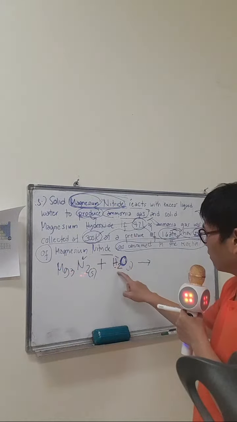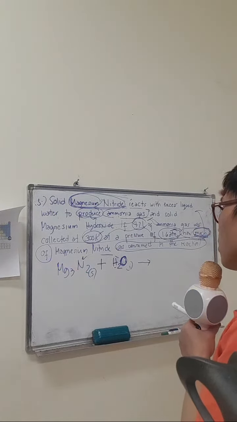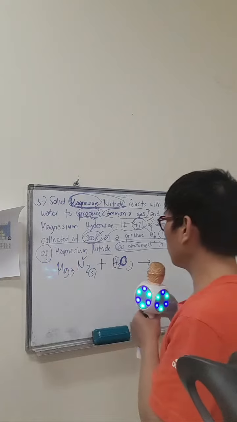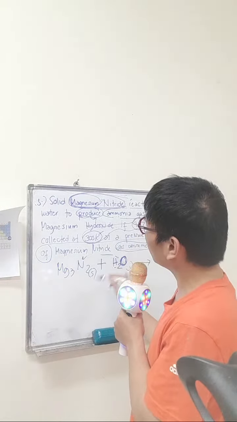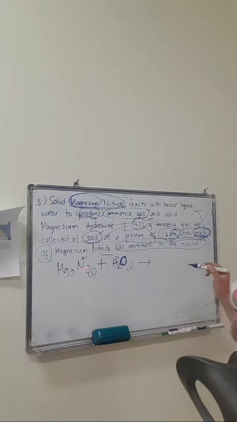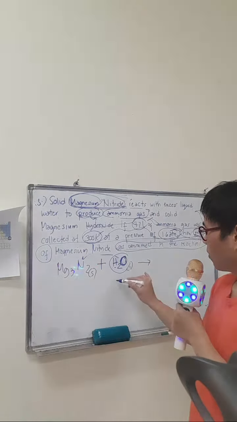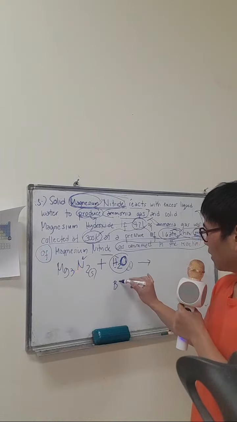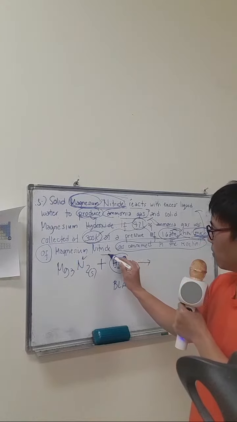So use the Bronsted-Lowry acid, which will donate a proton. Meaning this H2O is our Bronsted-Lowry acid. It will donate a proton to the nitrogen in the magnesium nitride.